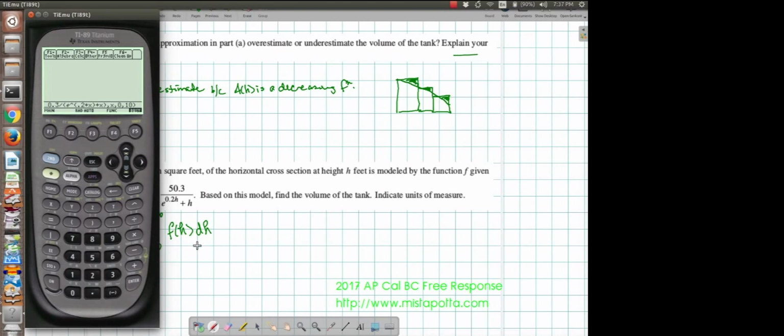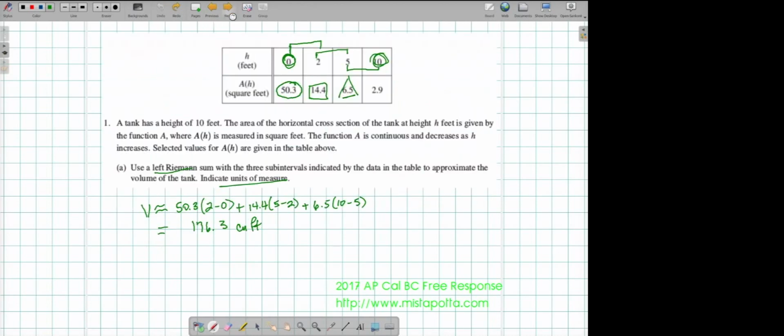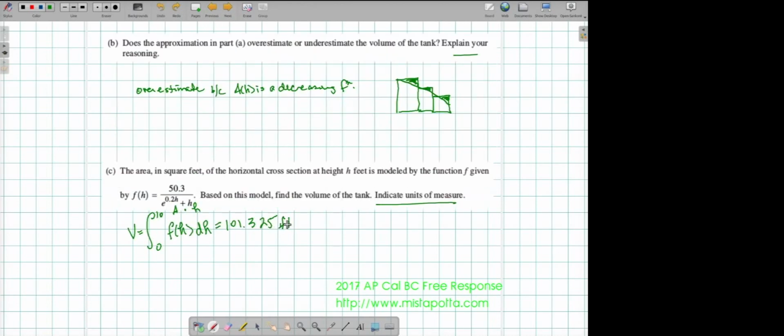And so when we do that, we get 101.325. Keep in mind, they want us to indicate units of measure. We're integrating area, and we're multiplying it times the height, so this is definitely a volume. What were our units again? Cubic feet. So feet cubed. All right, so that's part C.